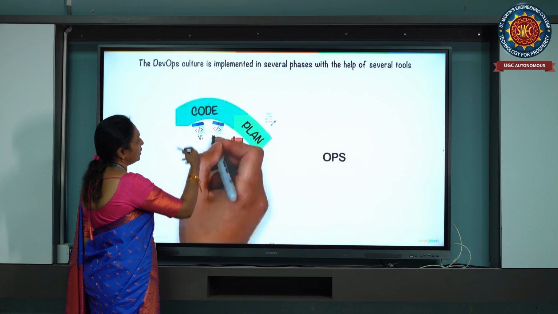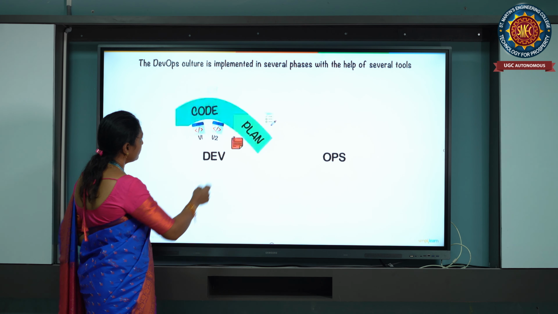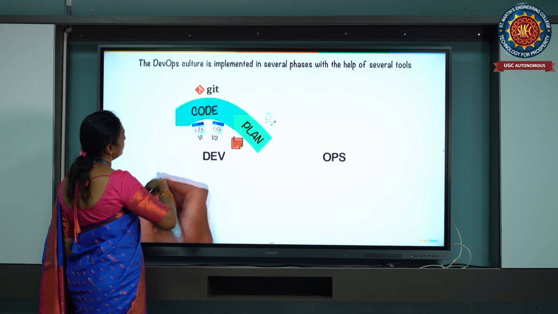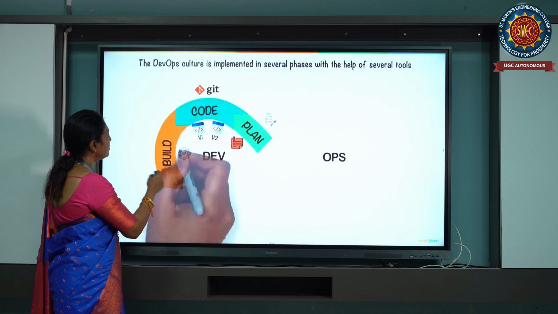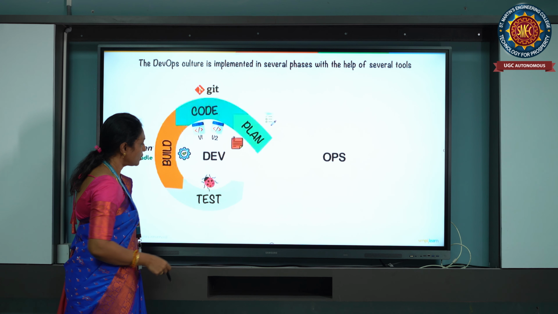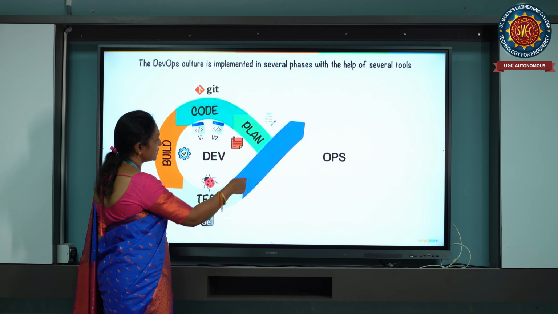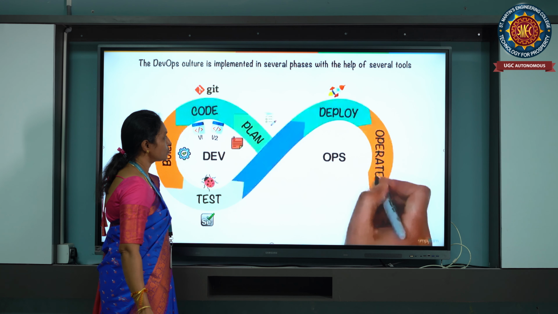This is the coding and planning. After that, there are different types of tools in the coding phase, and in the build phase we are using the Maven and Gradle tools. After that, in the building phase and testing phase, there is an automatic tool called Selenium, and for integrating DevOps, the development team and the operations team, we are using the Jenkins tool.